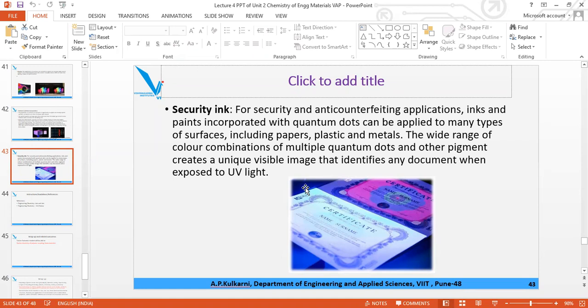Using that methodology, we can make coloring on the printed certificates, etc. by using quantum dots. A wide range of color combinations are possible. A unique visible image that identifies any document when exposed to UV light. So if we use quantum dots in ink and expose it to UV light, we can see different colors.